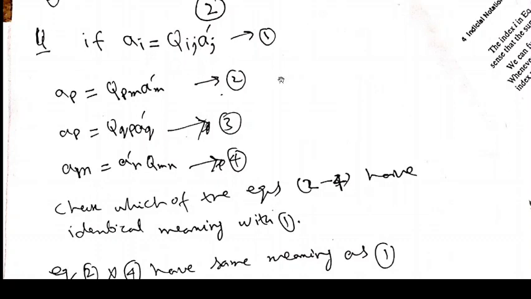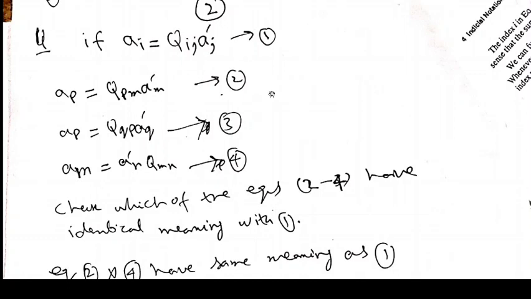This is equation 1. By looking at equation 1, you can say that index I is a free index and index J is a dummy index. In equation 1, I is free and J is dummy.